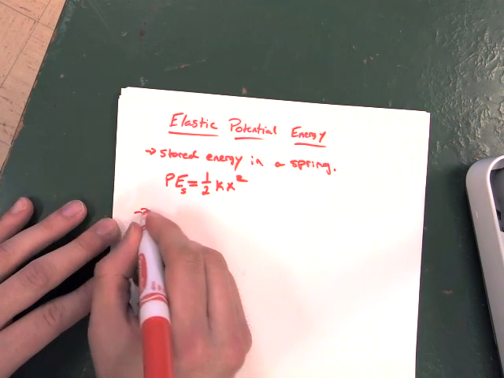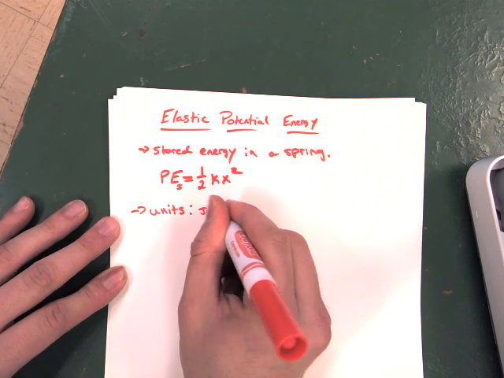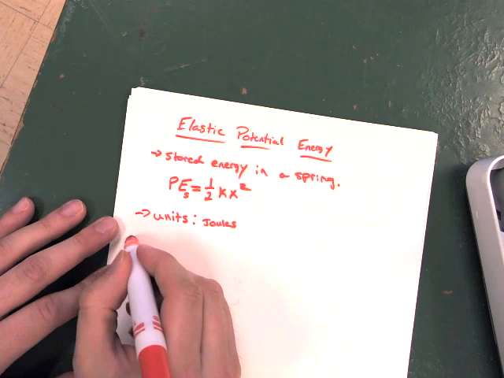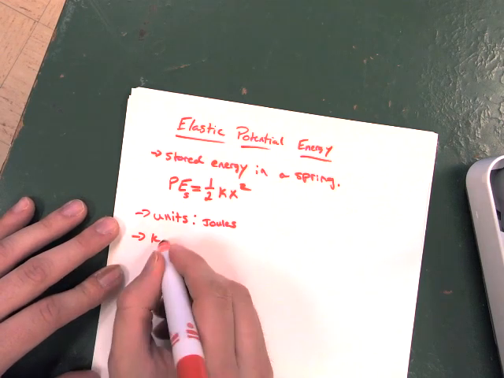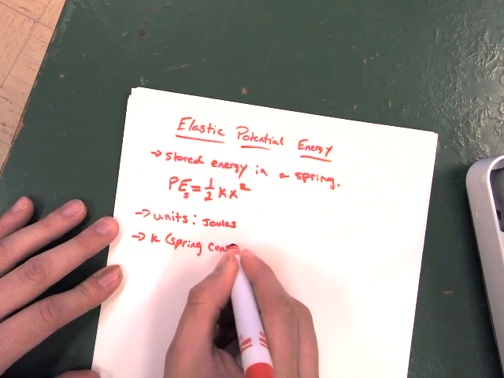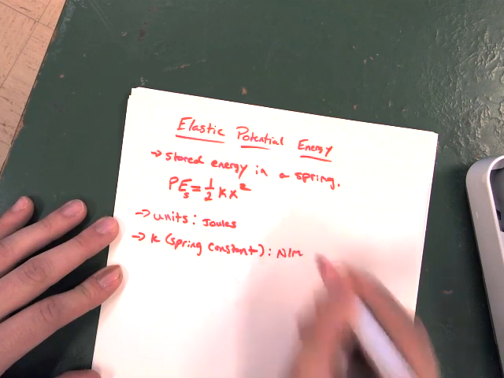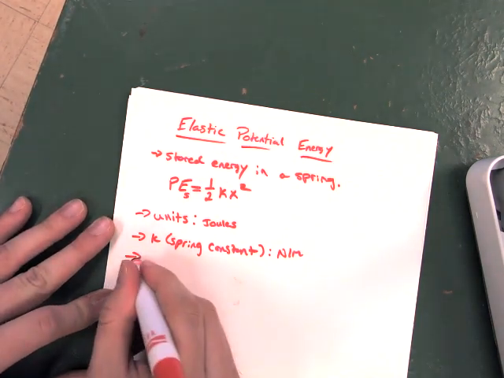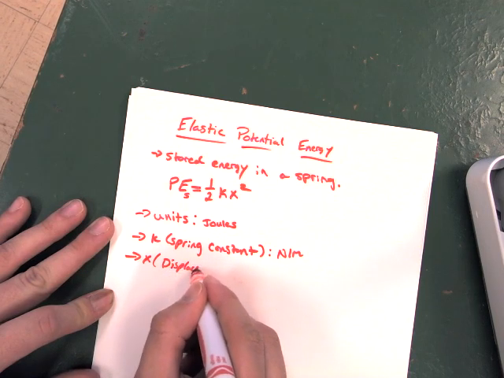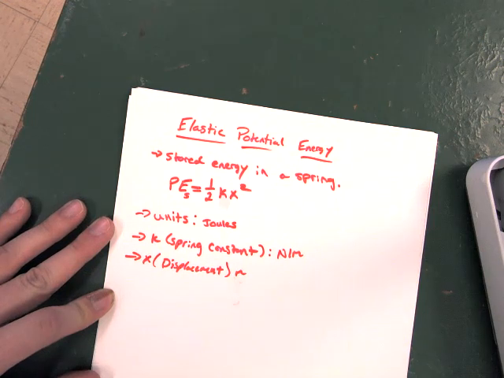The units for elastic potential energy are still joules. Remember, all energy is joules. K is still your spring constant, and those units are newtons per meter. And x is still your displacement, how far it has stretched, in meters.